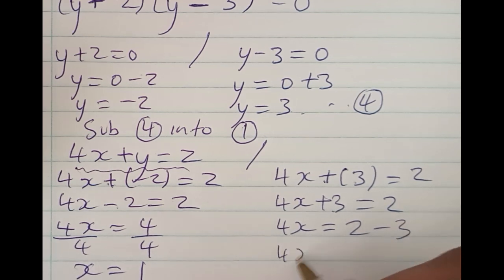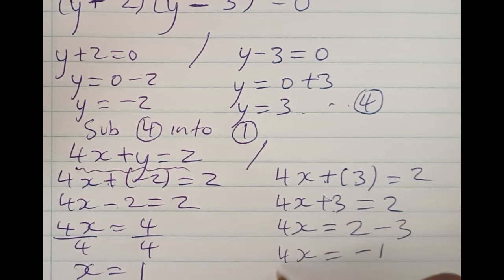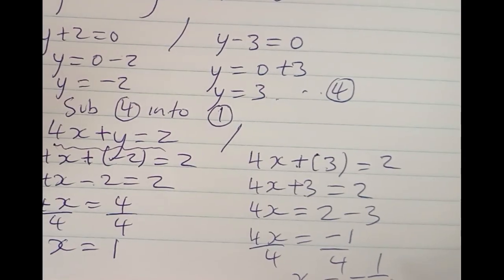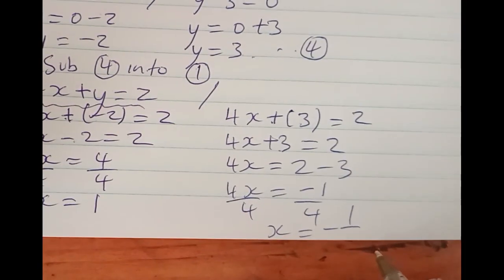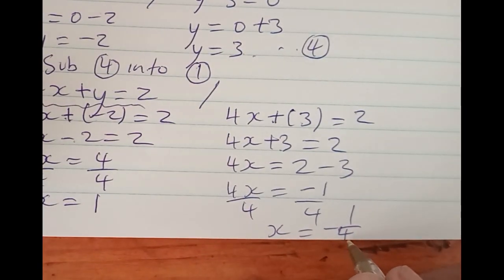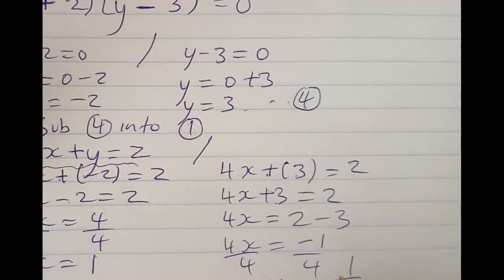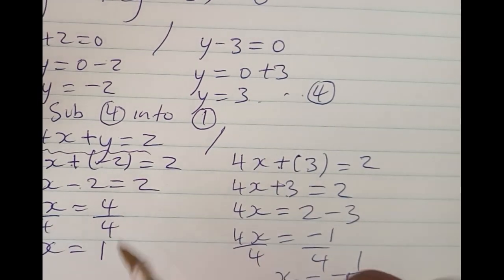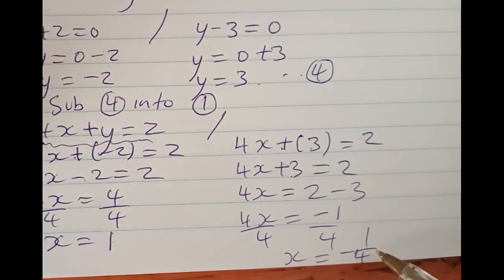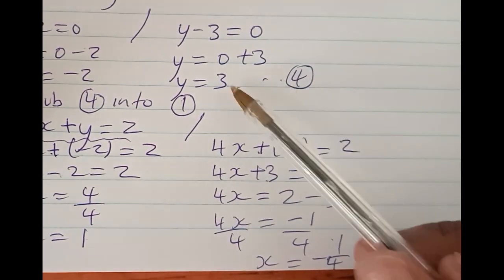So it will be -1. When I divide both sides by 4, my x is negative 1/4. So these are my answers. My answer is this one and this one.